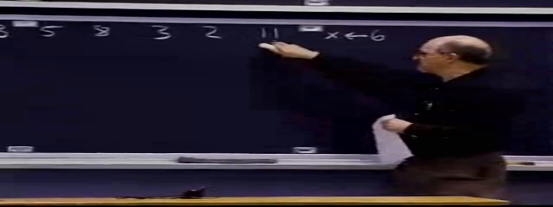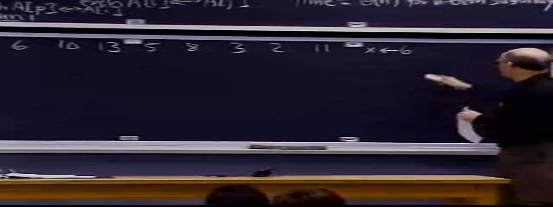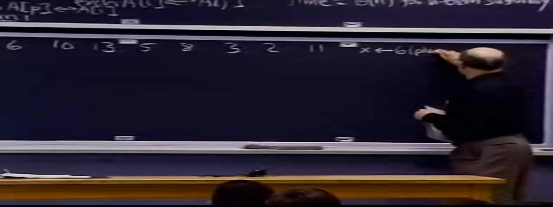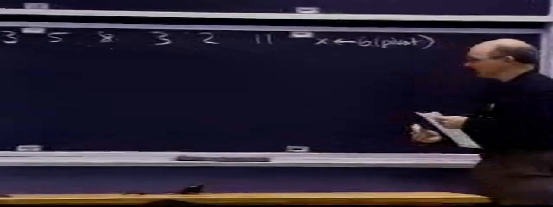So x is going to get what? 6. As I mentioned, the one in the book uses 11. Okay? Similar algorithm, just a different partitioning algorithm. So that's the pivot. Okay? And I starts out here at p, and j starts out at p plus 1.